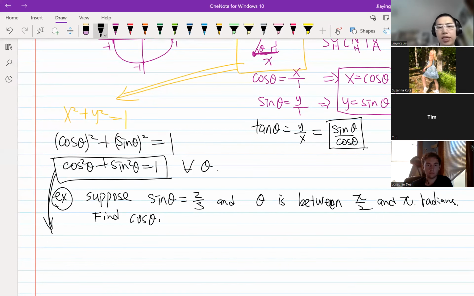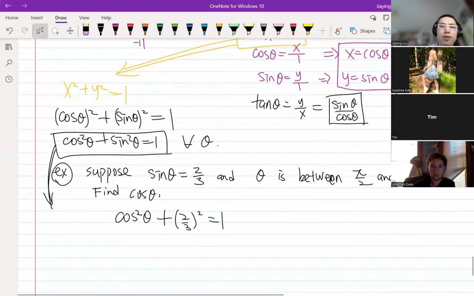So we know that cosine squared plus sine squared equals 1. So we can plug them in. We get cosine squared theta. I don't know what cosine theta is, but I know that when we add sine squared, so that's 2/3 squared, it's going to give me 1. So if I solve for cosine theta by subtracting 2/3 squared, I should be able to find it.